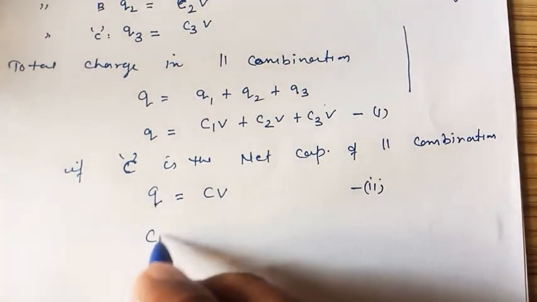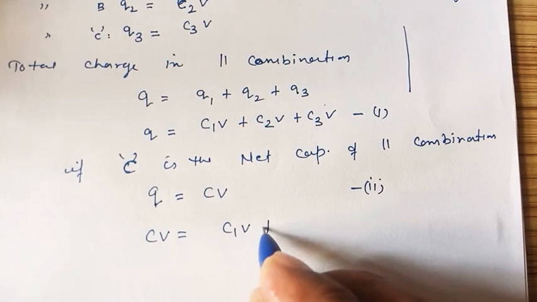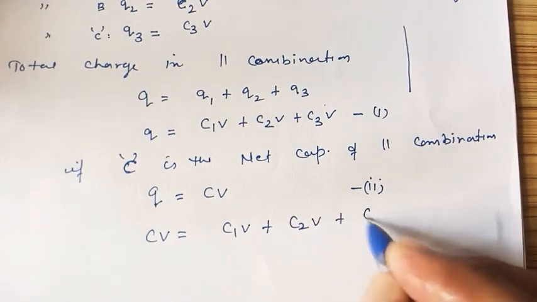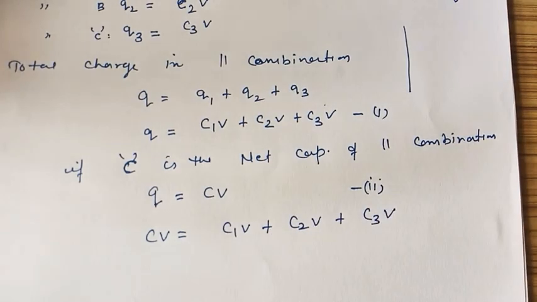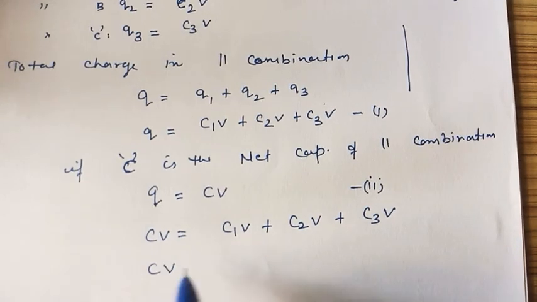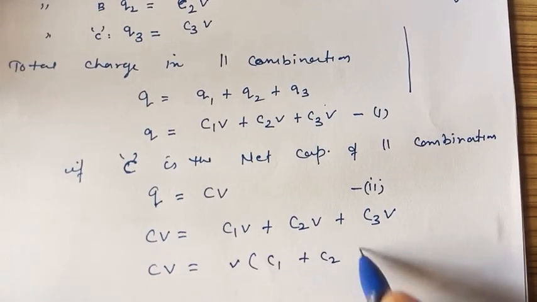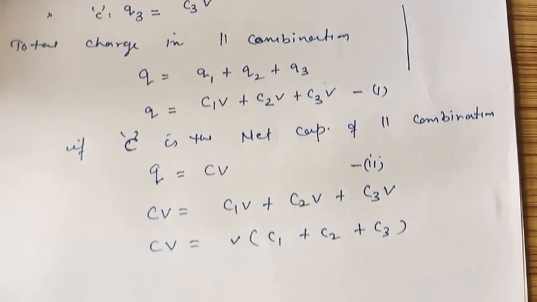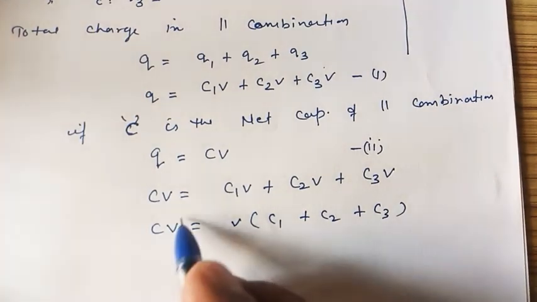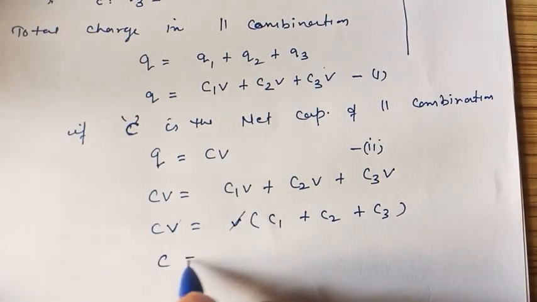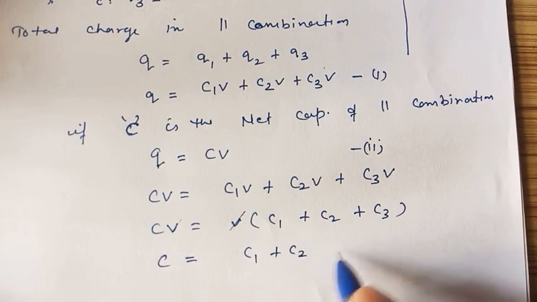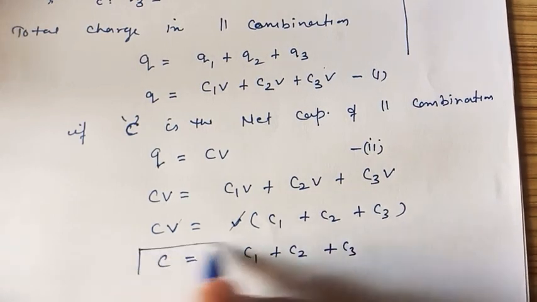So CV equal to C1V plus C2V plus C3V. Take V common: V times C1 plus C2 plus C3. V will cancel out. What is left? C equal to C1 plus C2 plus C3.